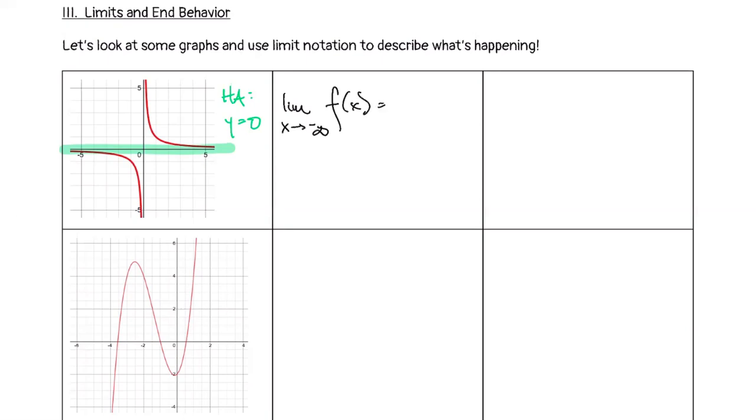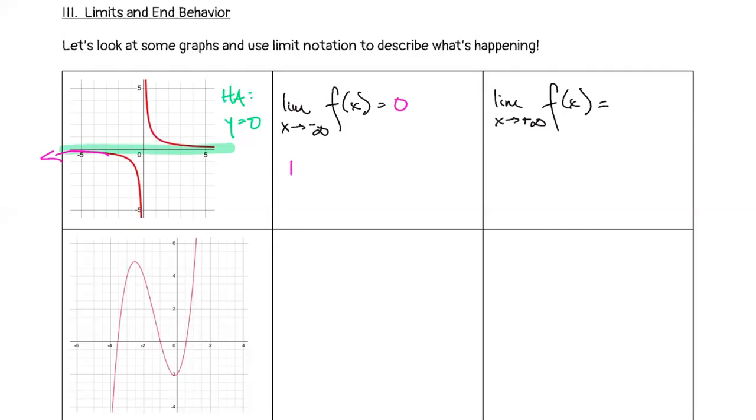And then separately, I want to know what the limit as x approaches positive infinity of this function is. All right. So as we go all the way to the left, we trace all the way out here. Yeah, we're going to get close to a y value of 0. Absolutely. Okay.